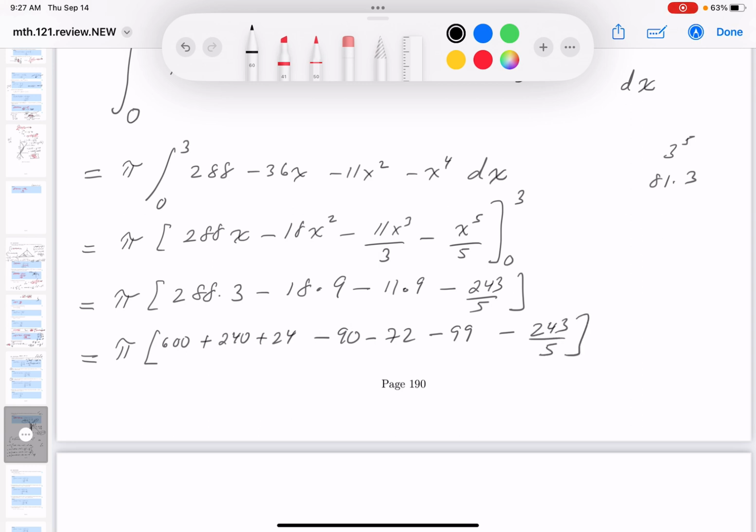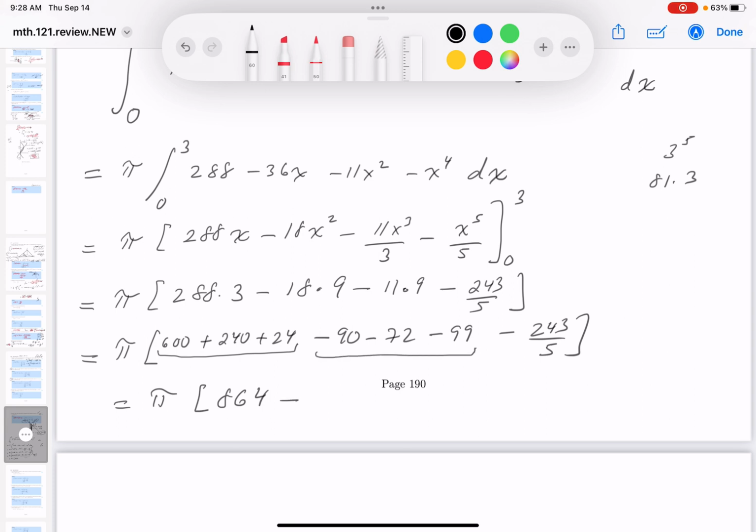I'm going to do my positive numbers and negative numbers separately. So I'll pull these together. That's 840, 864. Let me just check that again. 840, 864.